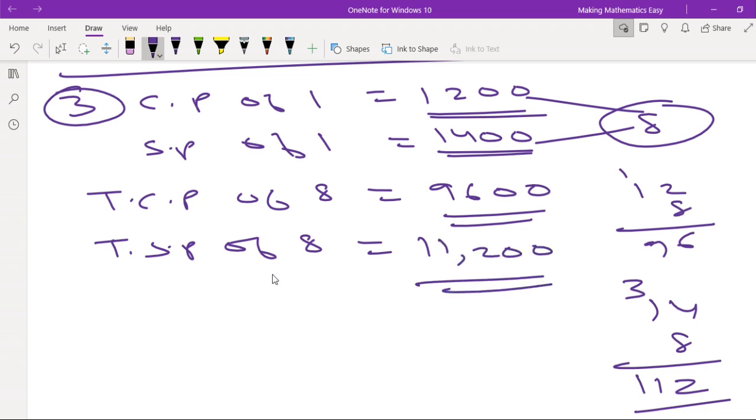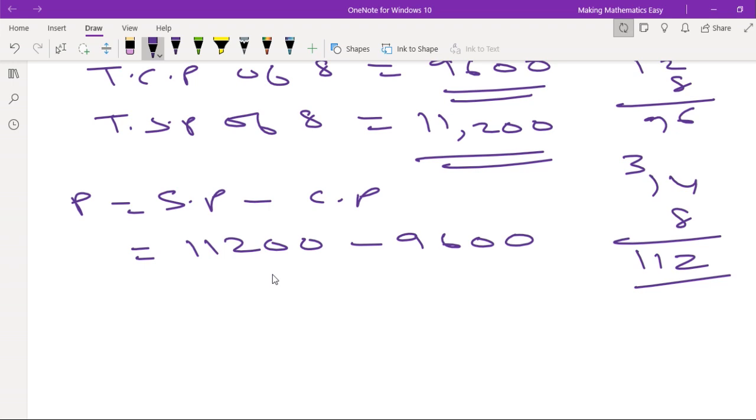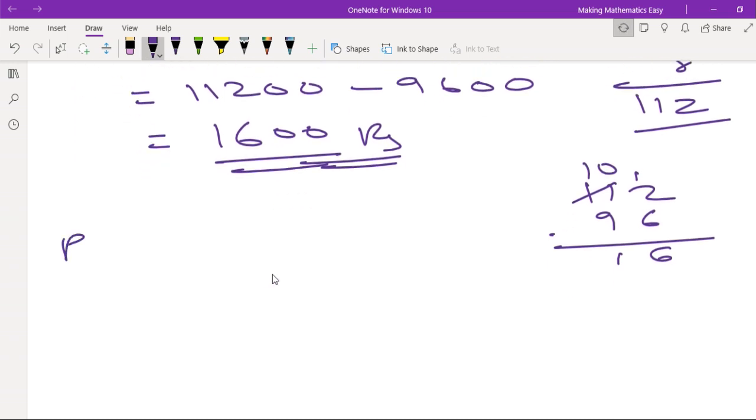So the selling price is higher, which means we have a profit, which is selling price minus cost price. So we have 11,200 minus 9,600, so this will be 1600 rupees. We have a profit of 1600 in this case.